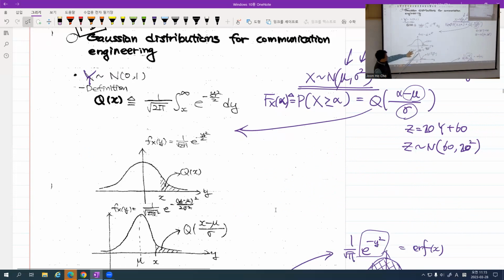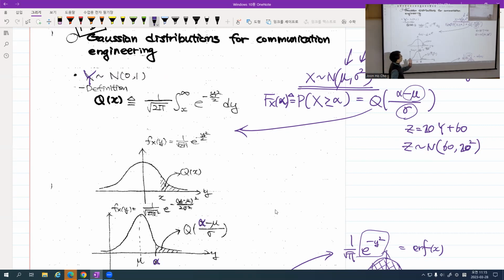So this is the density with mean mu and standard deviation sigma. And we want to set some value alpha, for example, and then we want to compute this area. And this area is the same as what? You plug in alpha and subtract mu to centralize and then divide by sigma. Then you get the CCDF of this Gaussian random variable x. Got it?